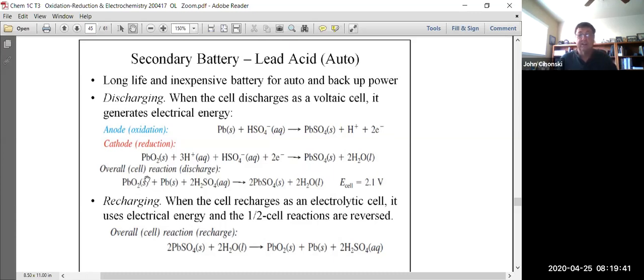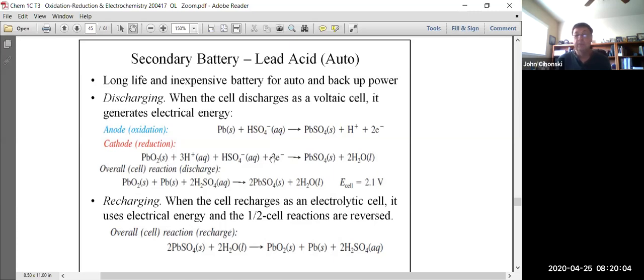Now, on the cathode, what do we have? In this case, we start with lead dioxide, so that we have lead 0 for the anode, lead +4 for the cathode. The acid is used here. It reacts with the oxygen, or the oxide, I should say.